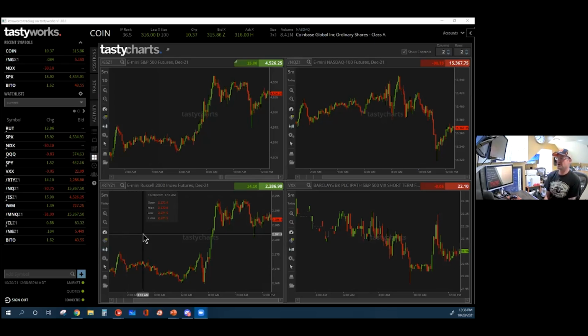Like I've said earlier today, and I think I've mentioned this a couple of times, everything that we're looking at, technically speaking, is bullish. Price action is bullish. Every index that we are tracking is bullish. They have been for a week and a half now, pretty much every day.